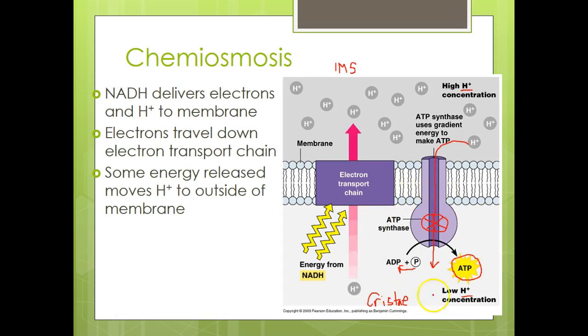And it's going to constantly produce ATPs. In fact, every 3 H+ ions are going to produce 1 ATP. So you can tell how many H+ ions it takes to make ATP. 3 H+ ions is what it takes to make 1 ATP.